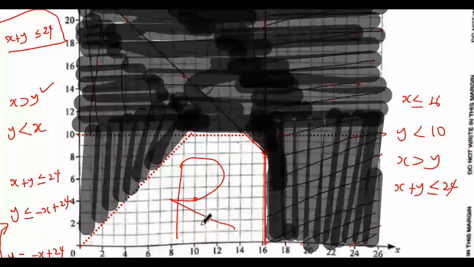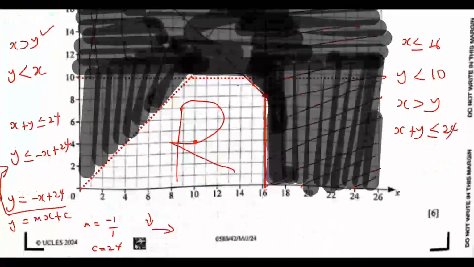Okay, the third one is x is greater than y. So x is 10 and y equals 4, so x is greater than y. And the fourth one is the addition of the two must be less than or equals to 24. So 10 add 4 is 14. So you can see, any point you pick in this region will satisfy these four inequalities. So that will be the solution to this part.